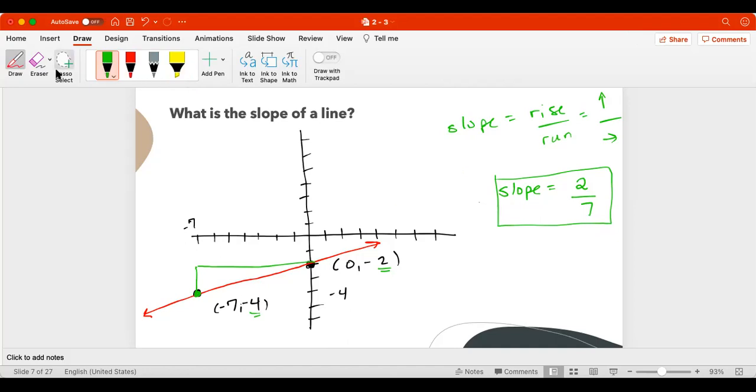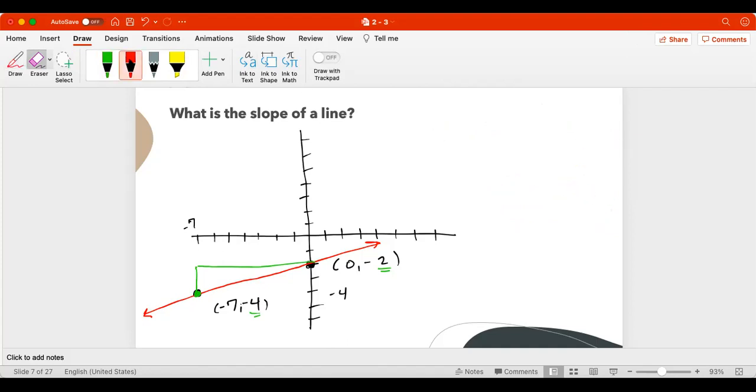Okay, now let's verify this by using the slope formula. So I'm going to erase this so I can have some room here. So make sure you have 2 over 7 written down. I'm going to use the slope formula. M is y2 minus y1 over x2 minus x1. Now it doesn't matter which point is x1, y1 and which one's x2, y2.